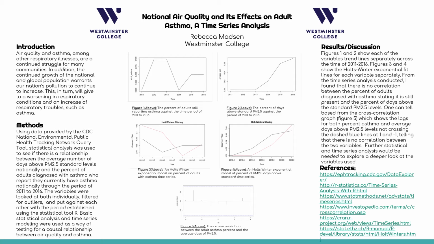Figure 3, which is the Holt-Winters exponential model on the percent of adults still reporting asthma for the 5-year period of 2011 and 2016, shows a general decrease with a slight increase after the year of 2014.